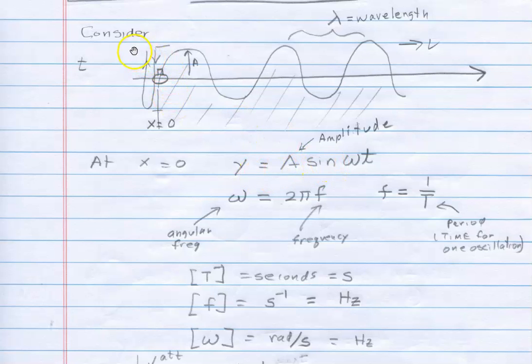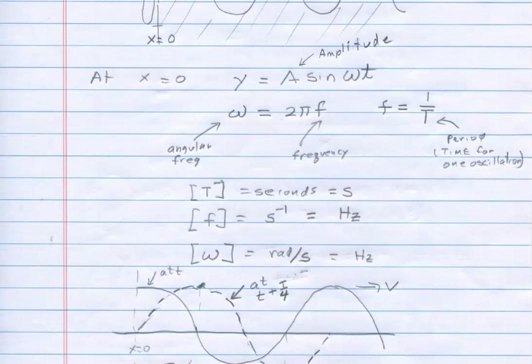In fact, you could put a spring here and track the motion up and down of that cork with just a vibrating mass on a spring. And so this analogy brings us to using some common terminology for vibrating oscillators and also for wave motion.